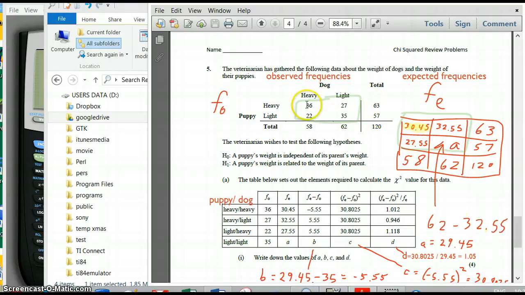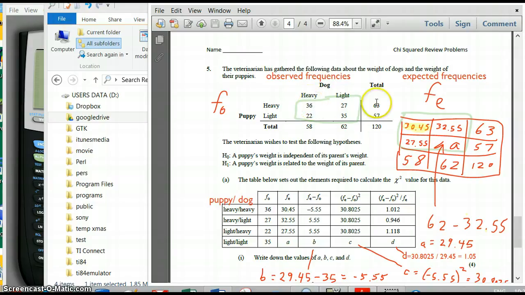So for example, to figure out what the expected value here for 36 would be, I would calculate 63 divided by 120 and multiply that times 58 divided by 120, times 120, because basically I want to know what percentage of the puppies are heavy, what percentage of the dogs are heavy, and then multiply that together to see how many heavy puppies we expect to get from heavy dogs.